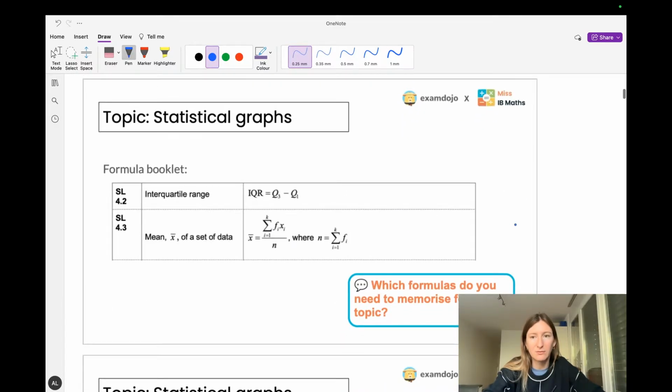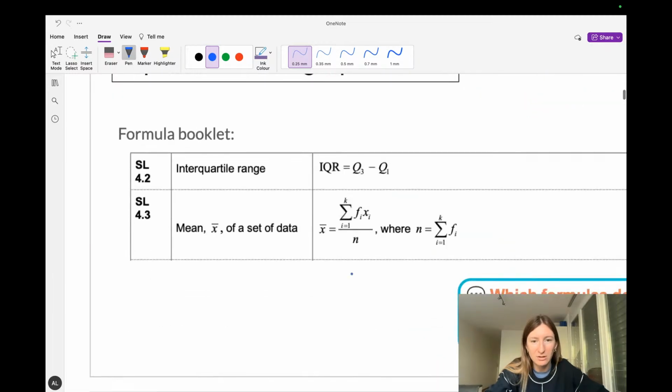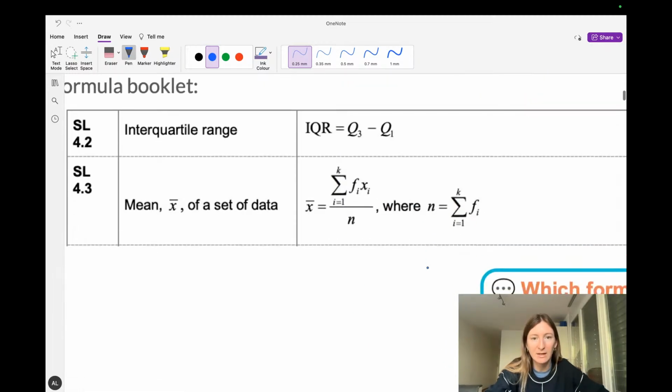So to start us off with the formula booklet, it's always good to know what you are working with, what you've been given. For this topic, there's actually not much. There's a few things that you just need to remember beforehand. So there's the formula for the interquartile range. That one's not as helpful because hopefully we all know what that is. They also give the mean formula, which looks pretty horrible, I must say.